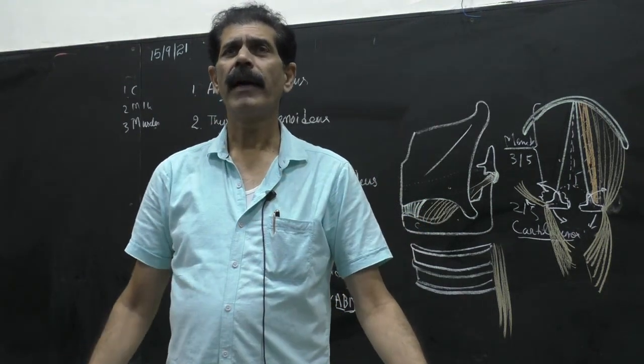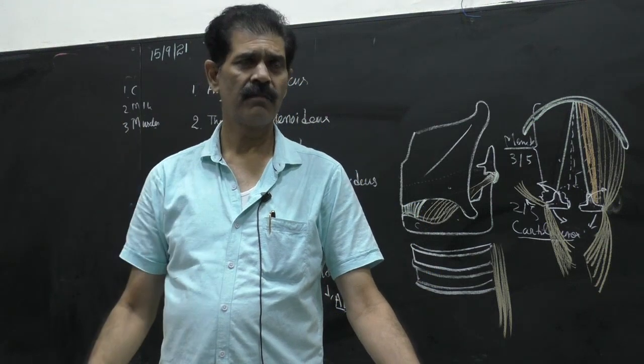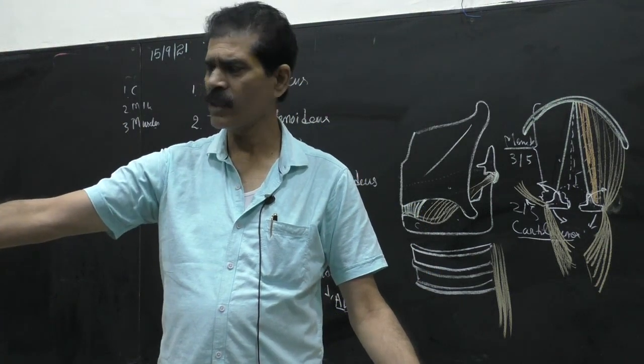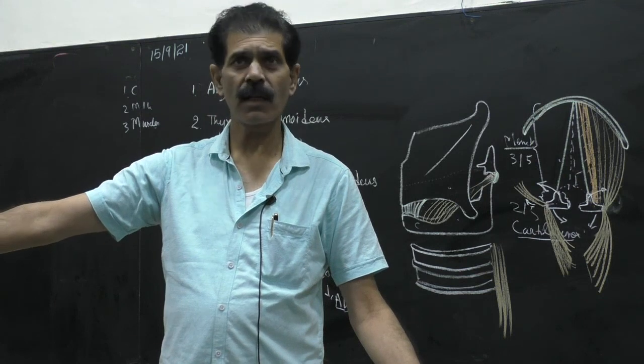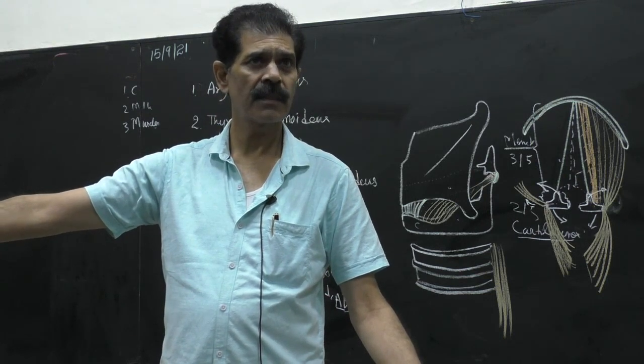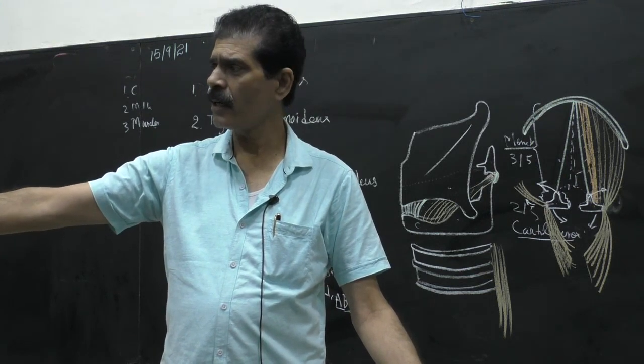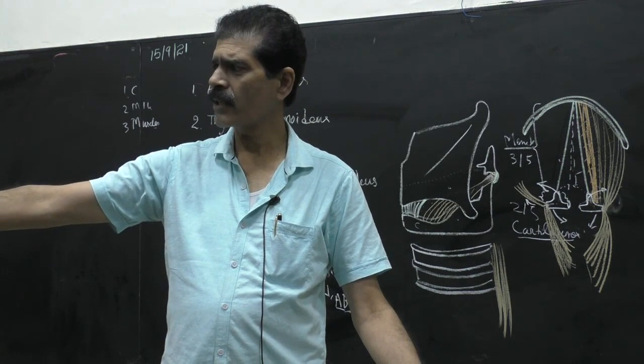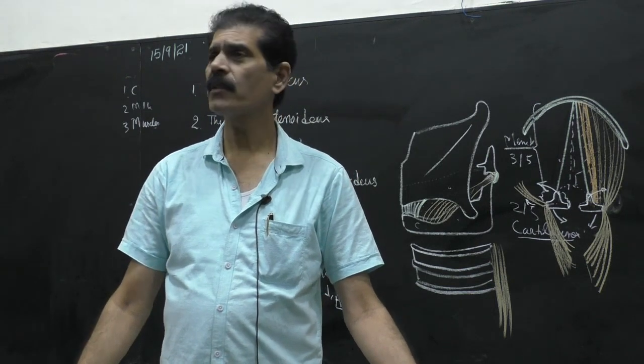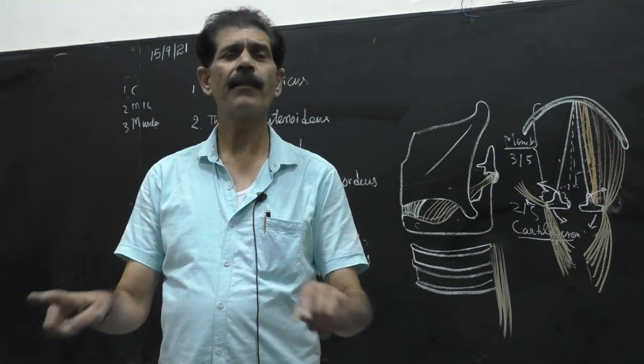So if this muscle is paralyzed, see, it is a strong muscle, with a very large origin, two types of fibers, and a very strong tendon, and its main action is abduction. If this muscle is paralyzed, what will happen?